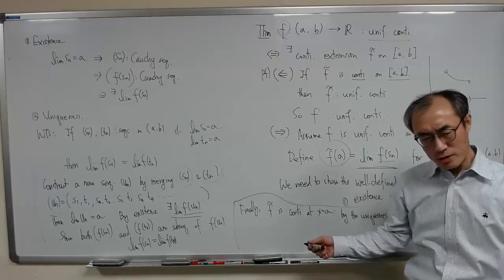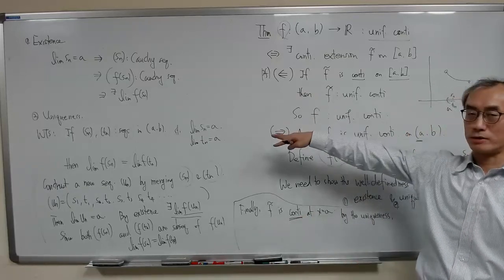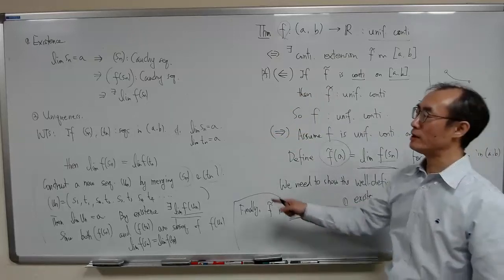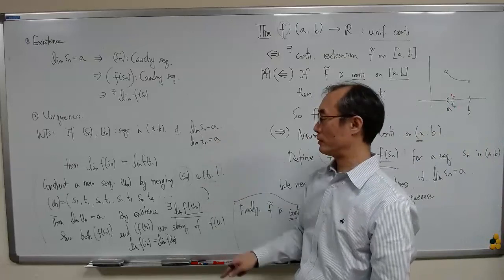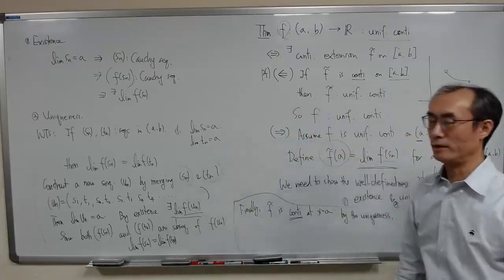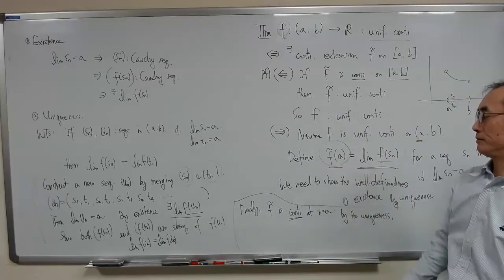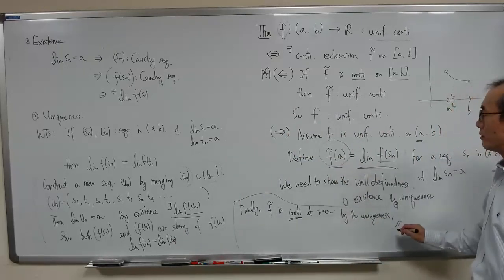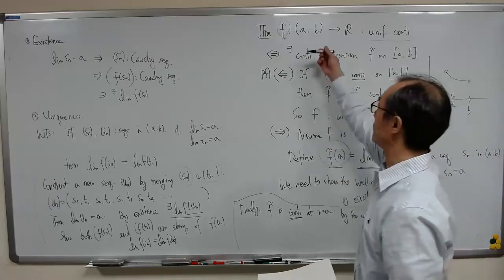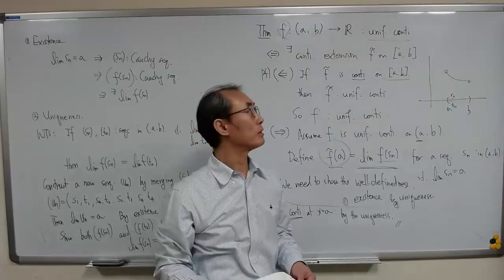Actually, the original definition of continuity was based on this kind of approach: for any sequence that approaches A, a continuous function should have the same limit. Okay, this way. So this is the equivalent condition for the uniform continuity of a function defined on an open interval.